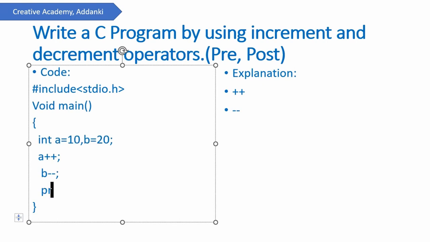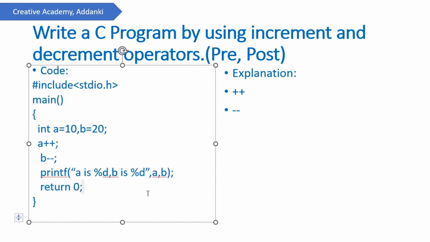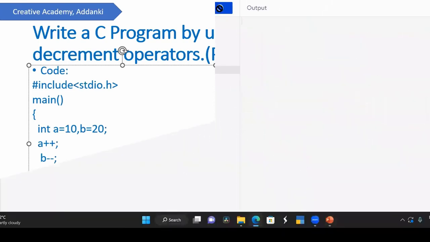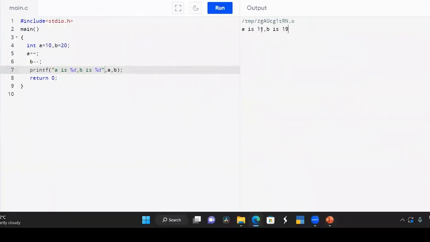I'm printing the values. Now let's execute this. So you can clearly see that A is 11 and B is 19.